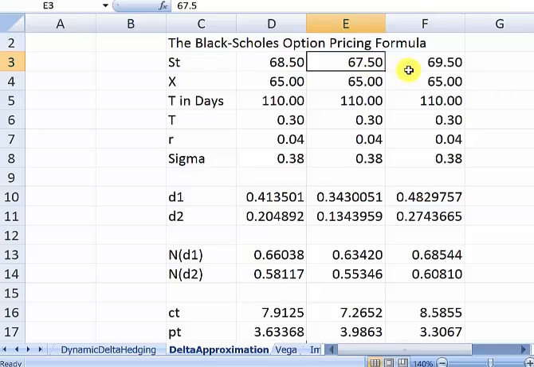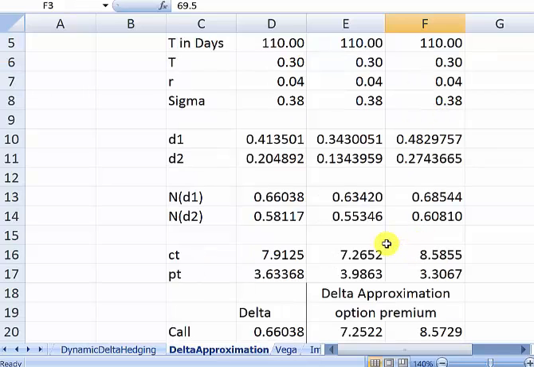The second column is down $1. The third column is up $1. So I only examine that. I have my Black-Scholes, and all these put call premiums are calculated. You can see the formula here, right? All these are calculated by Black-Scholes.